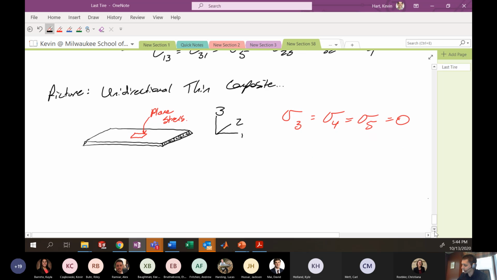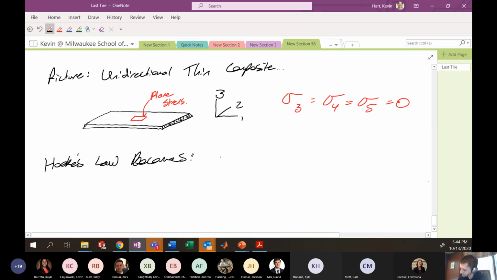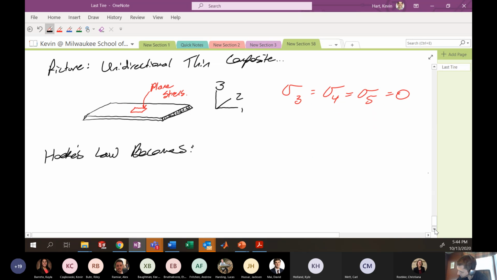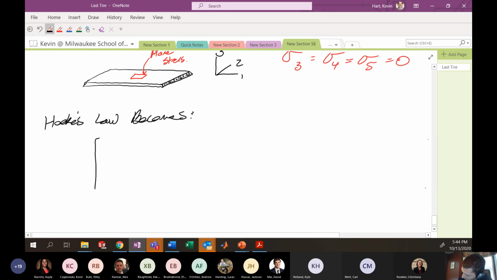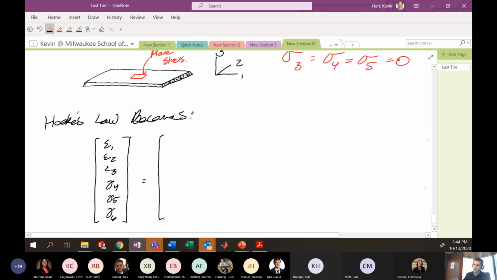If this is the case, you can simplify your Hooke's law. It becomes the following. Your strain vector is equal to, we'll assume orthotropic. We're just going to stick with the orthotropic here.